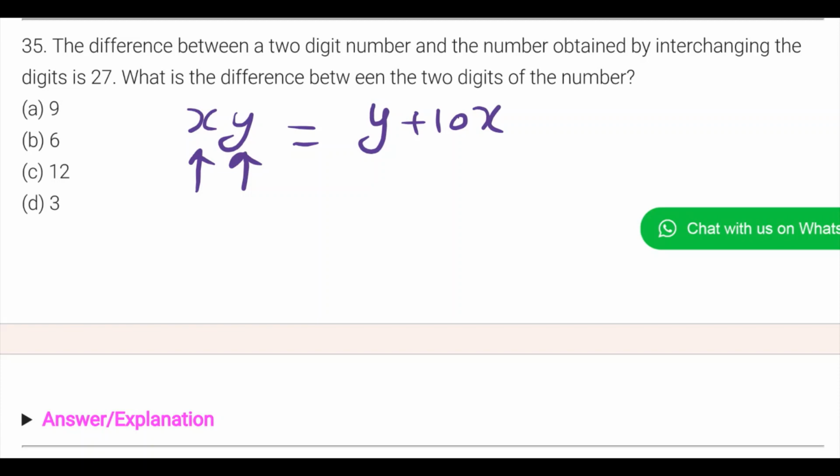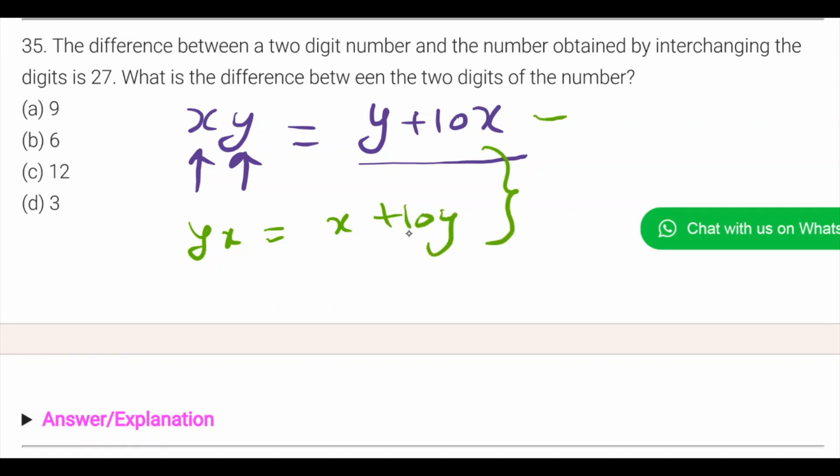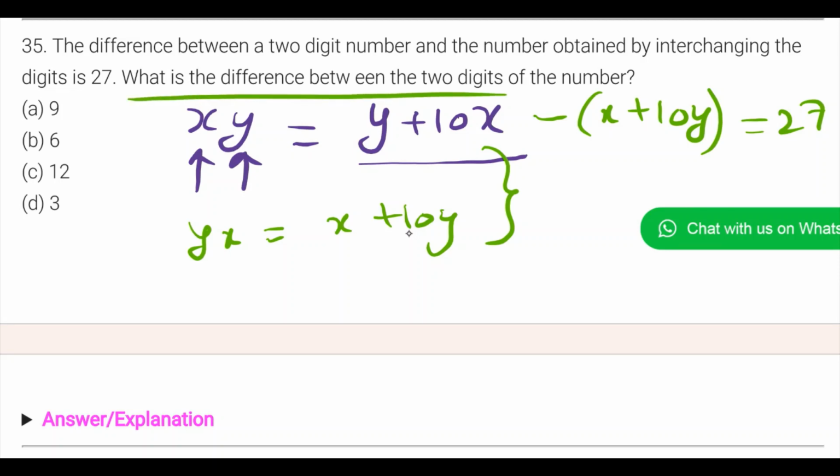If I interchange the digits, I'll get yx. This is represented as x plus 10y. And the difference of these two, minus of x plus 10y, is given as 27. We need to find the difference of the two digits, that is x minus y equals how much.